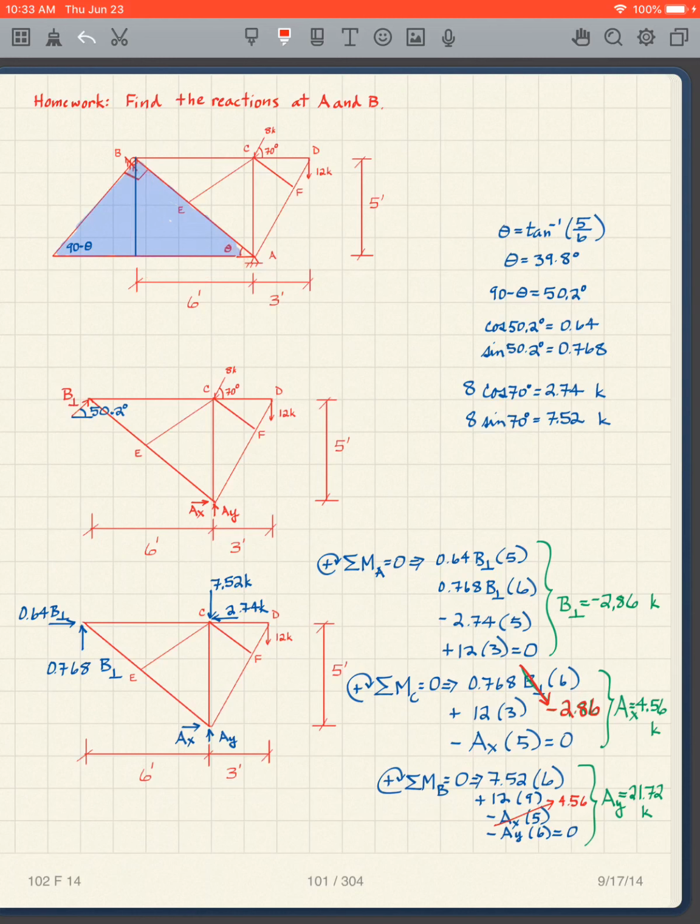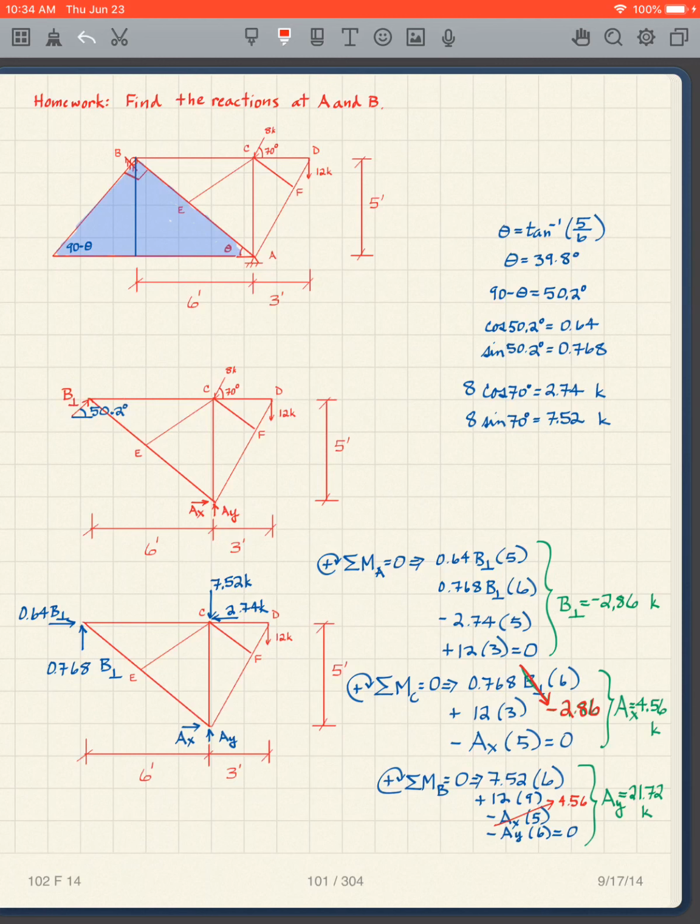So the tangent of theta, this is 5, this is 6, so theta is equal to the arc tangent of 5 over 6. And that is 39.8. That means that 90 minus theta is 50.2, which means that the angle with respect to the x-axis here is 50.2 degrees.